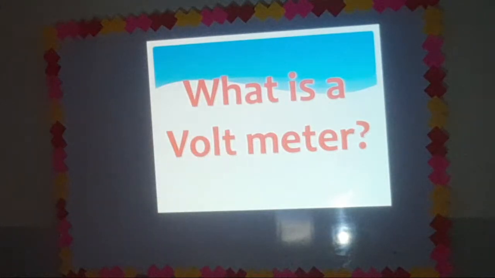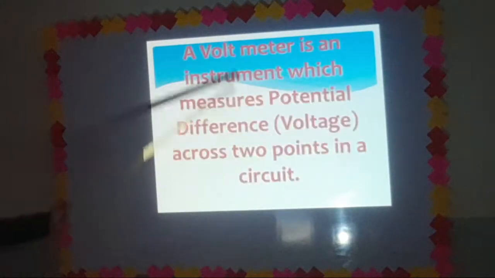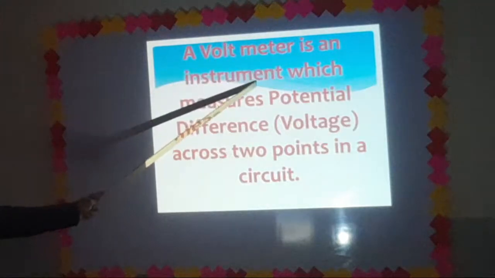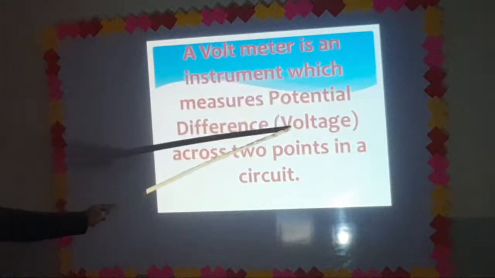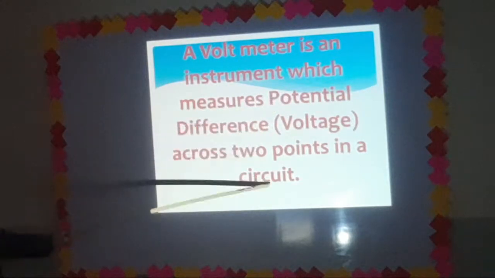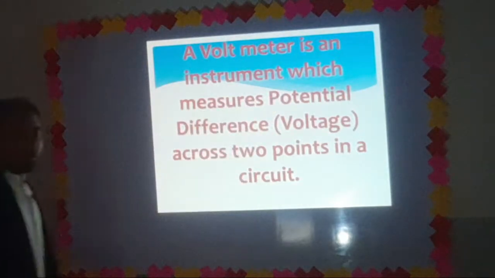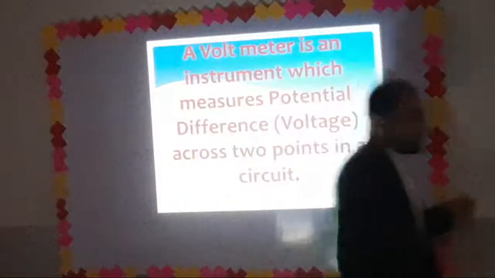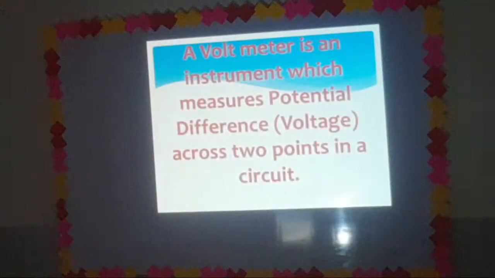What is a voltmeter? A voltmeter is an instrument which is used to measure voltage or potential difference across two points in a circuit. Write it down. Hurry up. A voltmeter is an instrument which is used to measure potential difference.